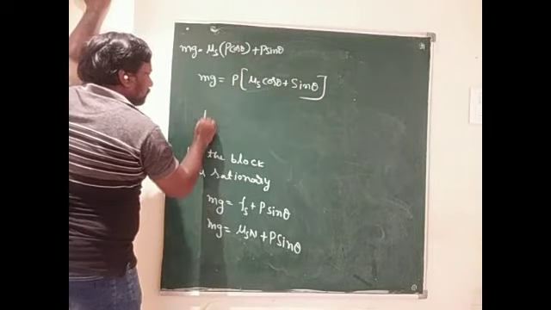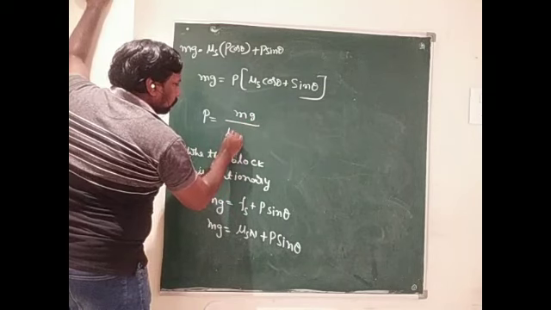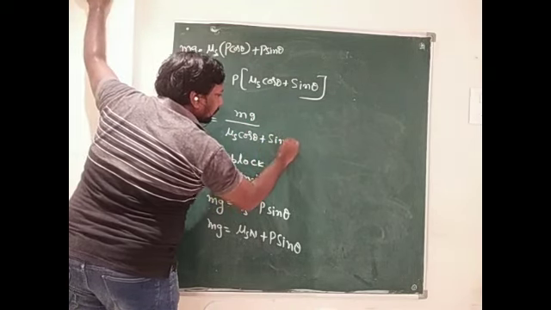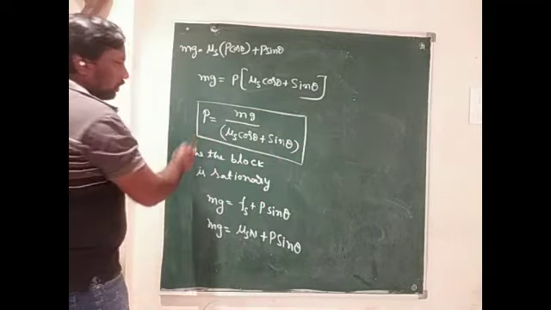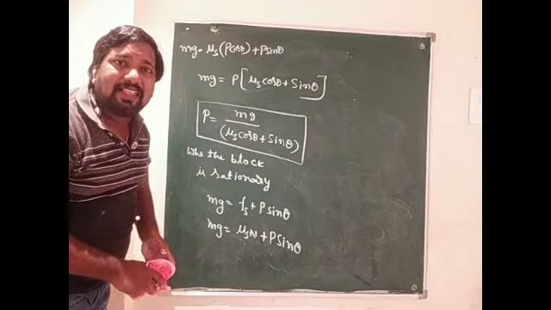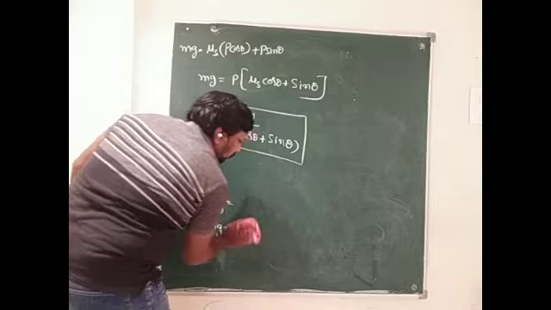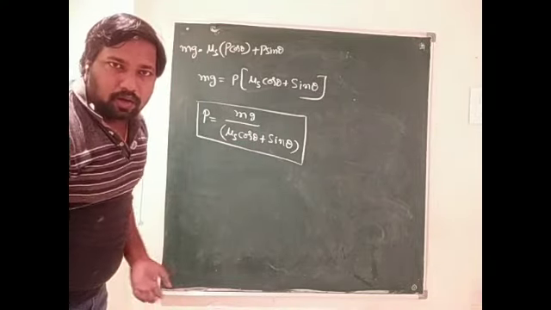So here P equal to mg by (mu s cos theta plus sin theta). So this is the minimum pushing force acting on the block when the block is at rest in contact with the vertical wall.